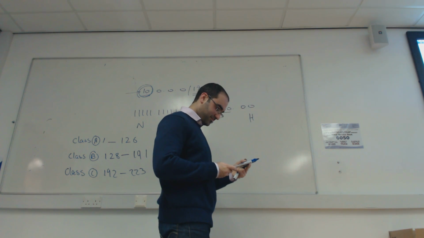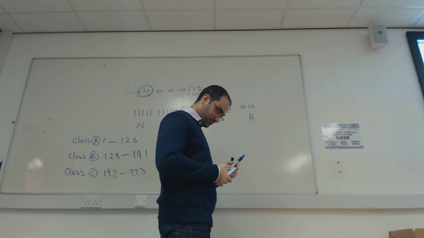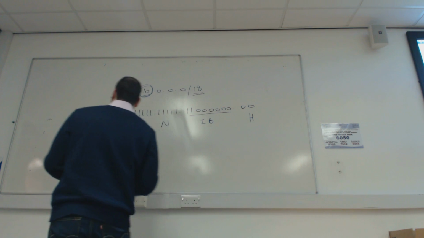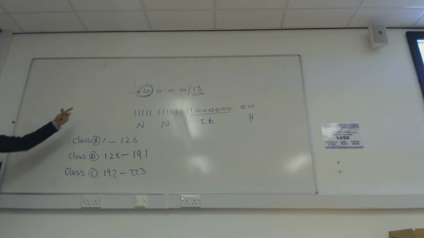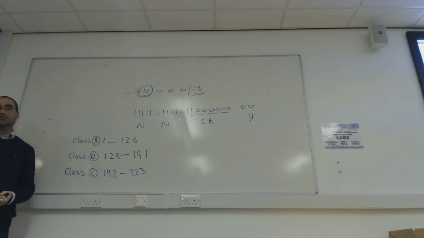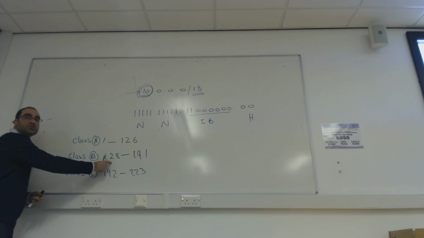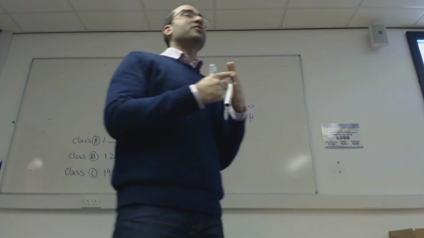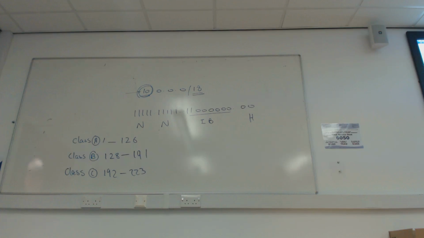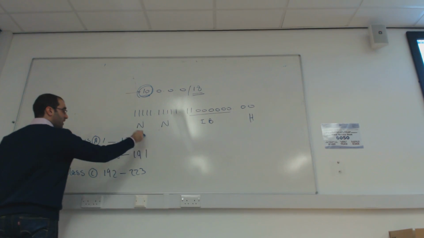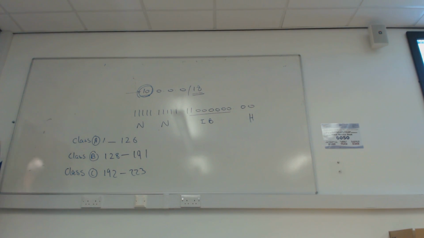So if the range of that byte falls within any of those classes, you know exactly which class it is. There is no 127 because that's reserved for loopback and other addresses related to the machine itself. So don't worry about 127. But those are your ranges. This falls into that range of numbers, so therefore it's a class A.